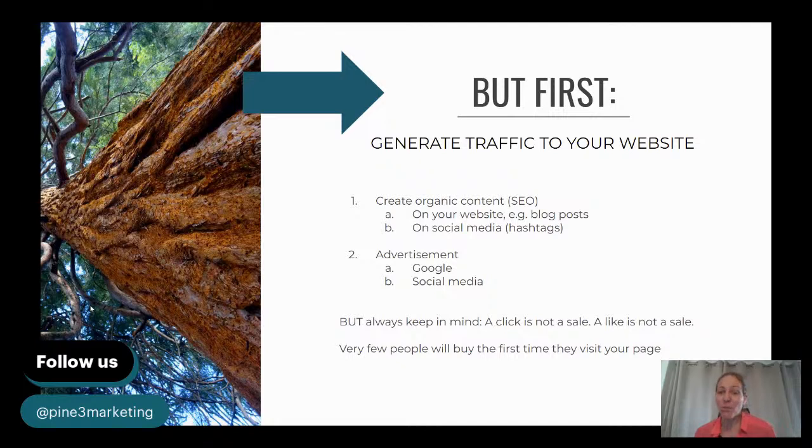You can have blog posts on your website, typical, and you can also have hashtags on social media. But it's basically about generating content that is attractive to the reader. So they will find you by you having great content. And then you have the advertising where you pay to have that content placed. A combination of both is most likely going to give you the best results.